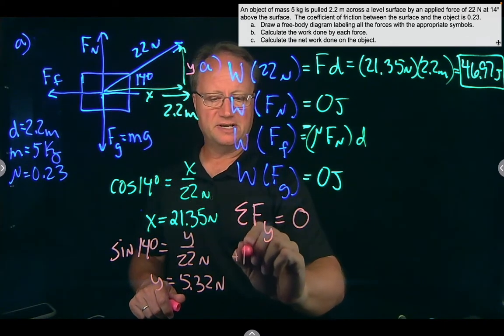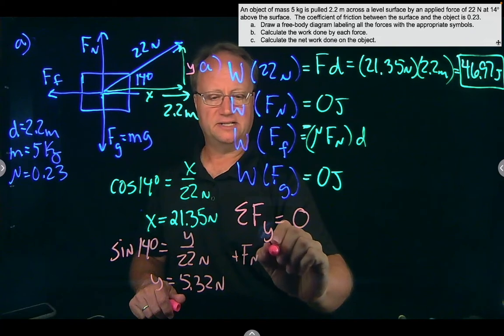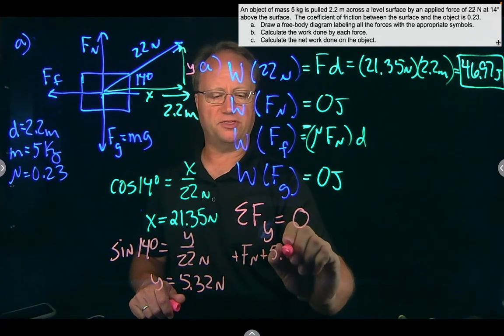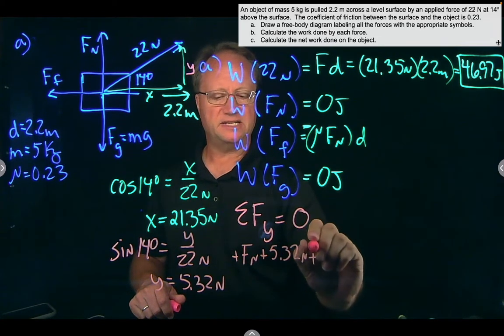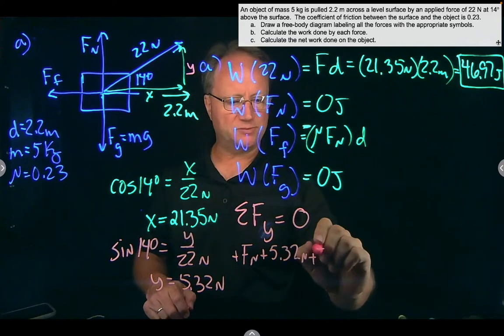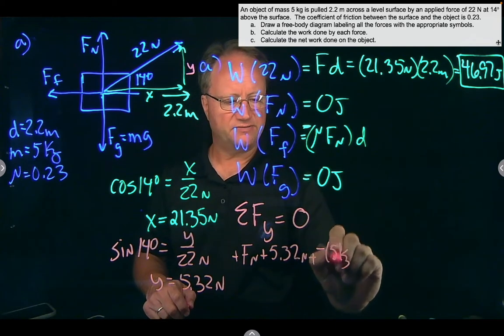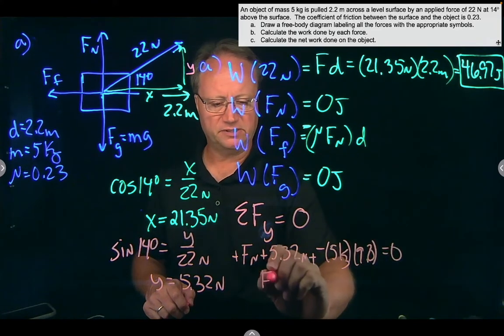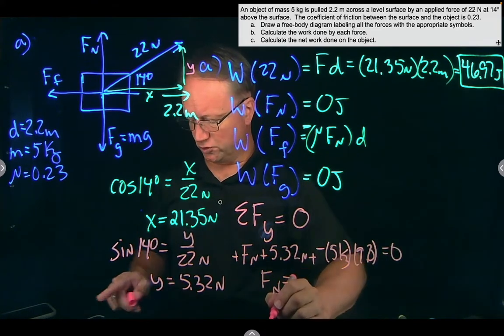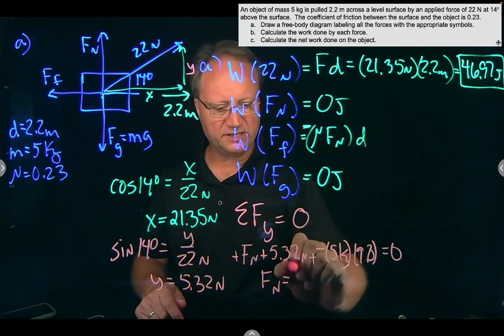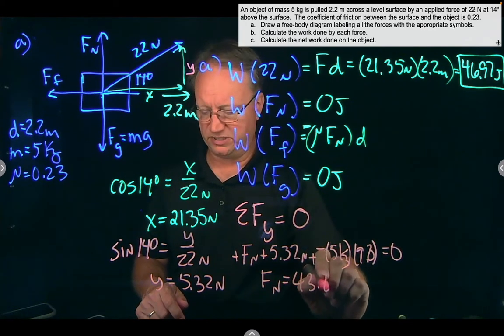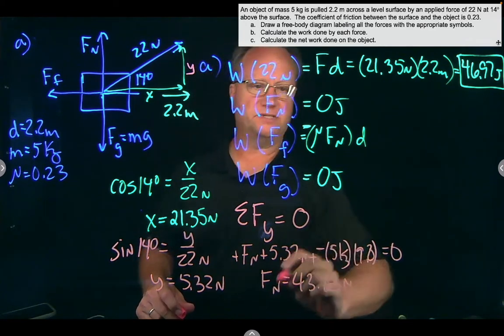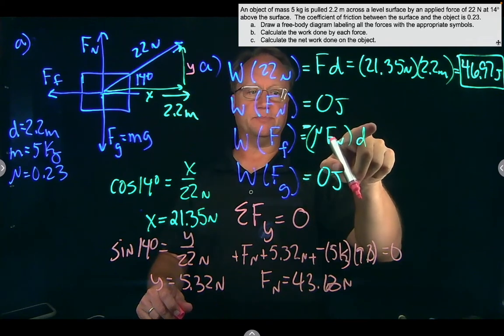So when we set up this vertical equation, we've got the 5.32, the normal, and the weight. So this will be positive F sub n, positive 5.32 newtons, negative m times g, so that's 5 times 9.8 equals 0. That gives us a normal force value equal to 43.68 newtons. Now we can plug in up here.